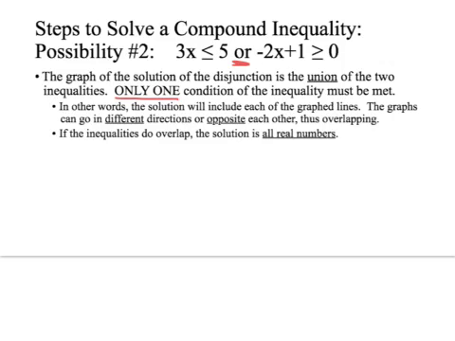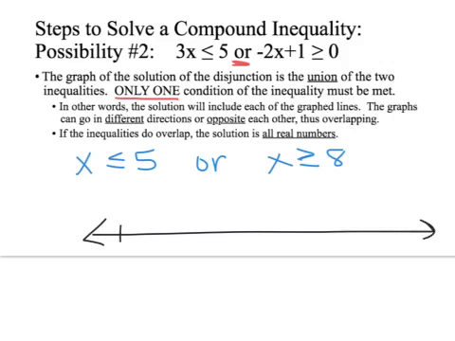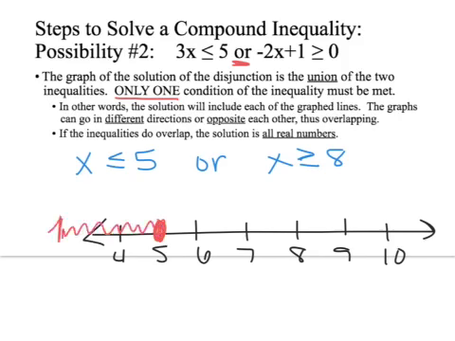So for example, just looking at a graph, if I wanted to graph x is less than or equal to 5, or x is greater than or equal to 8 on my number line, for x is less than or equal to 5, I'd have a closed circle above the 5, and less than is to the left. And then for x is greater than or equal to 8, I would have a closed circle, and greater than numbers are this way.